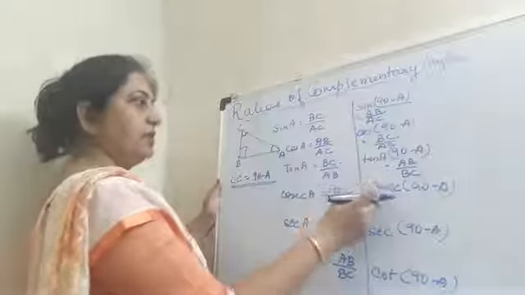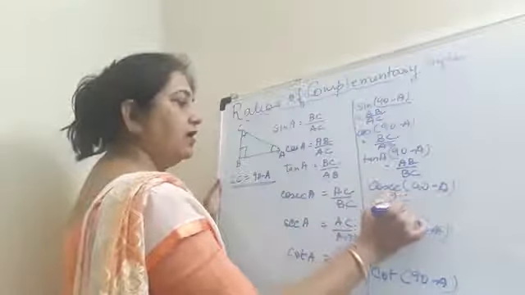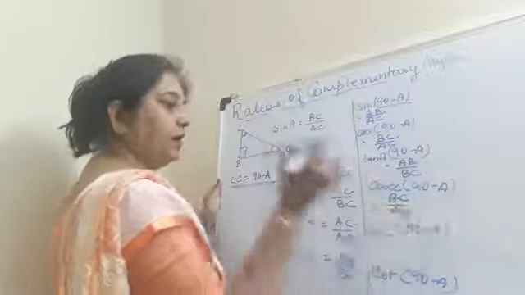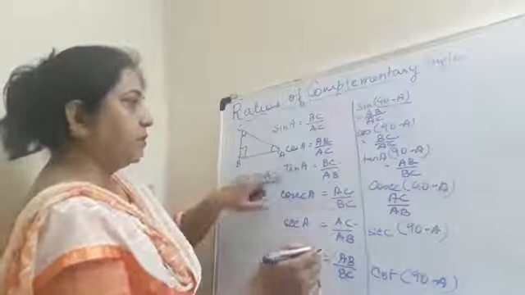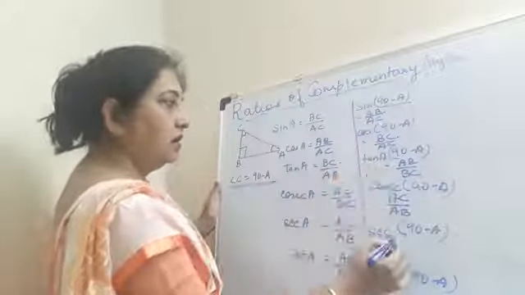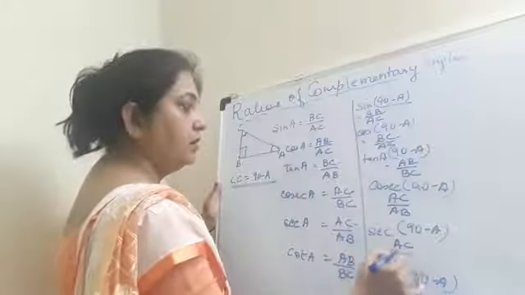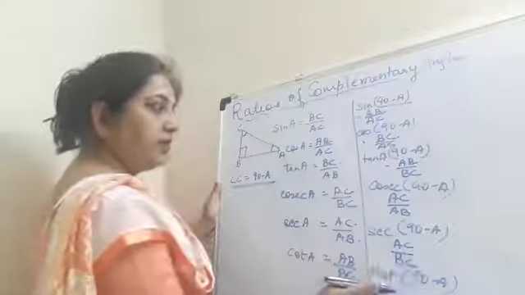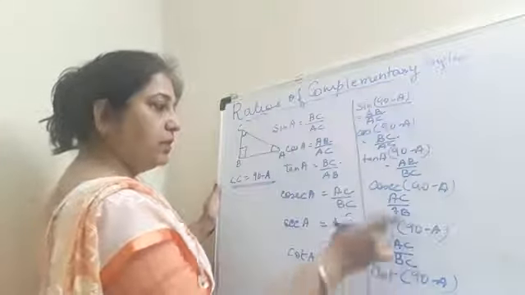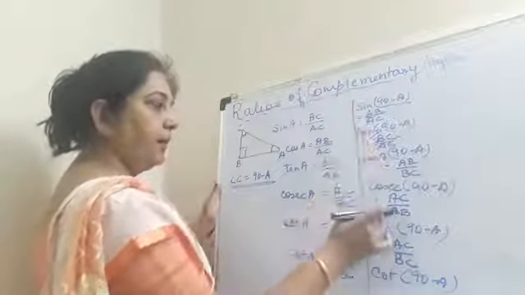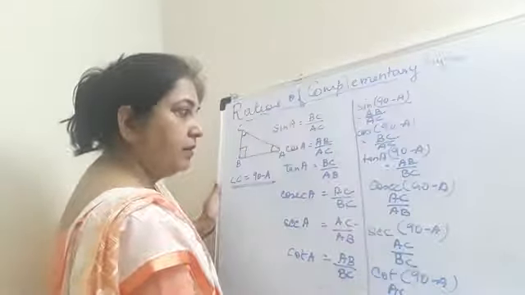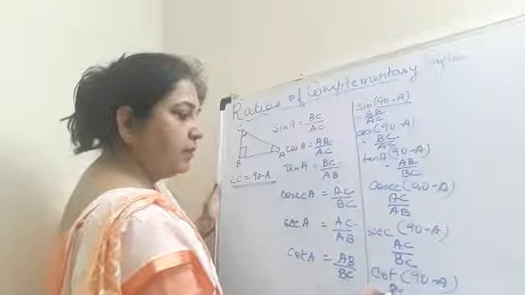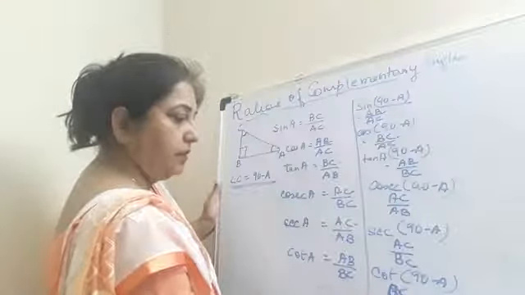Cosec 90 minus A will be AC upon AB. Sec 90 minus A will be the opposite of this, so it will be AC upon BC, and cot 90 minus A will be BC upon AB, right?